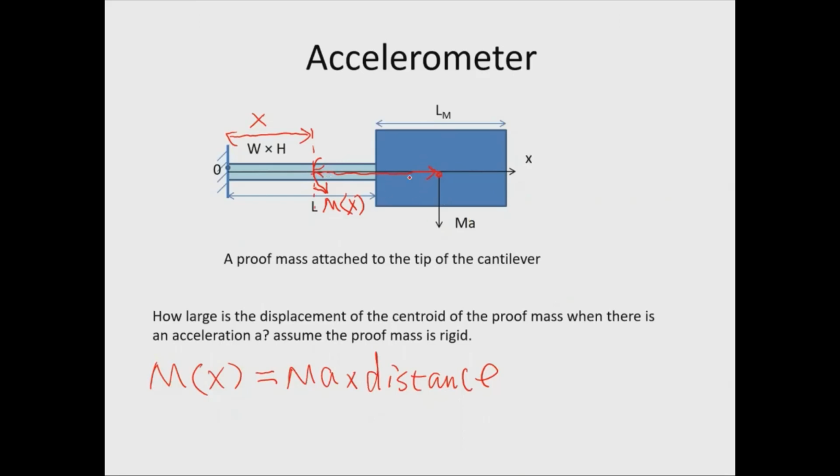So how large is this distance? If you know the distance, then you can find M(x), then find the deflection of the cantilever, and then the displacement of the proof mass.